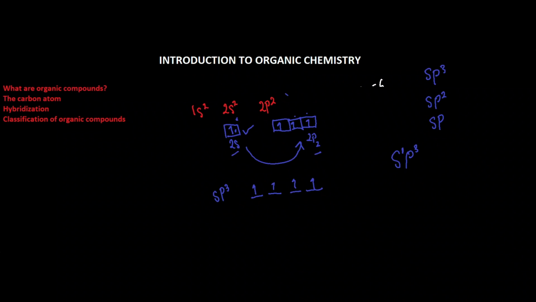Now, how about the sp2? For the sp2, we have 1s combining with 2p. So we take this s and combine it with 2 of the p subshells. Now what we would have is something like this: 1 sp2.